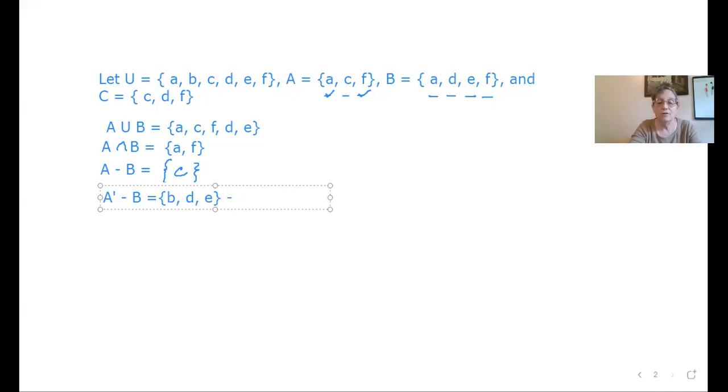Now we're going to subtract set B, which is a, d, e, and f. So the complement of A minus anything that's also in B would leave just the b, lowercase b.